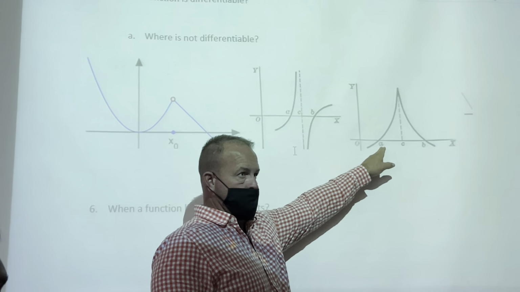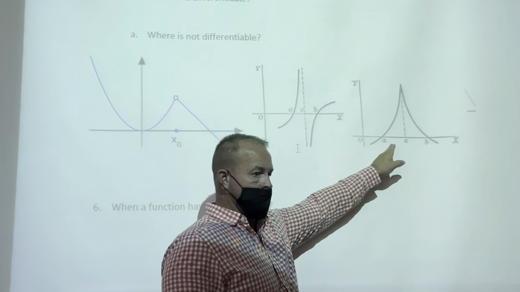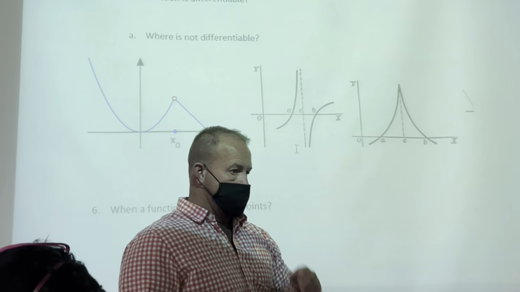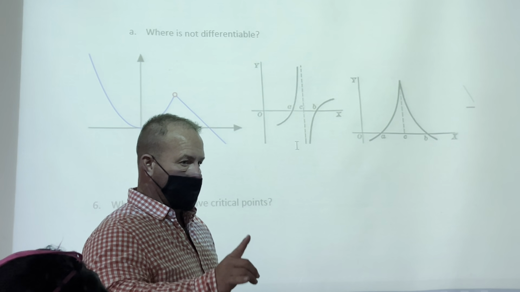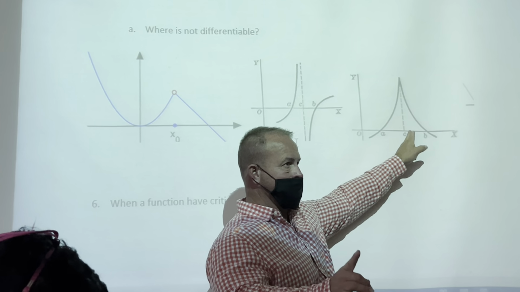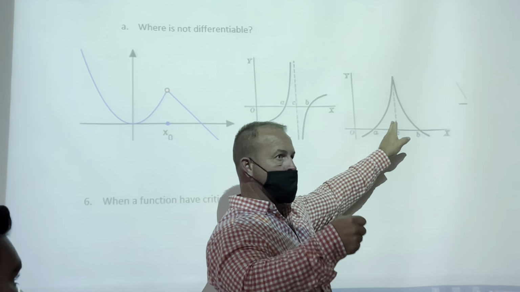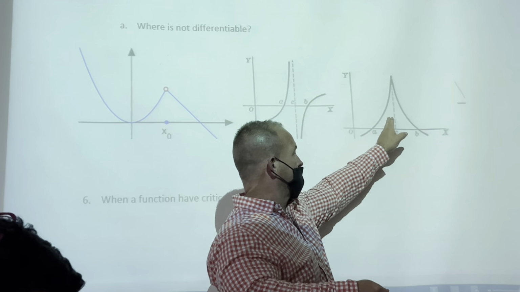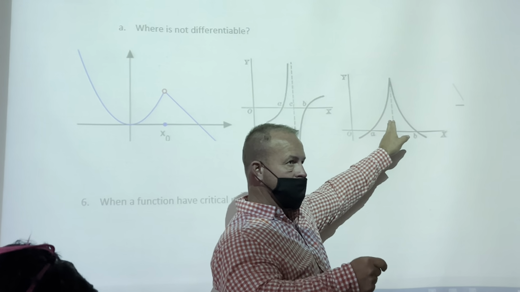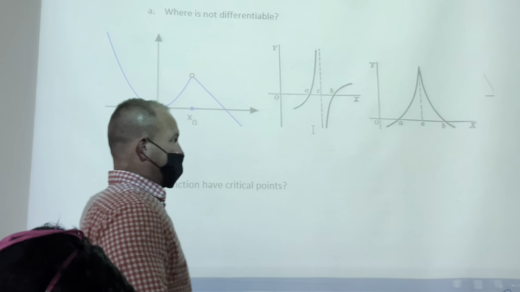This function is continuous, but its derivative is not continuous. The derivative is not continuous at C because it has a cusp. Don't say it's not differentiable because it has a cusp. It's not differentiable because the limit of its derivative is not continuous at C.